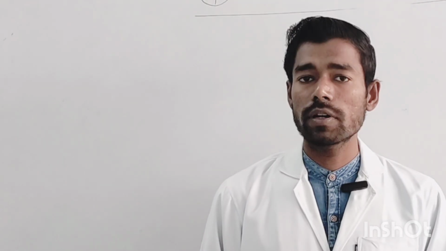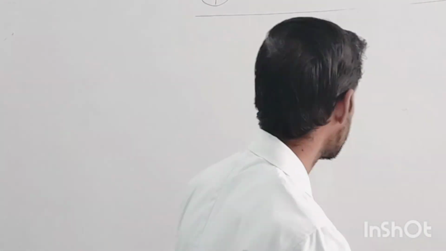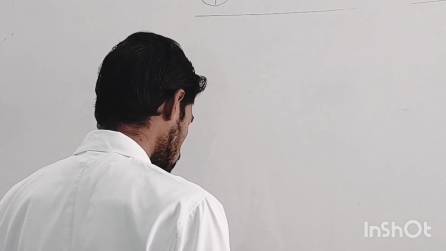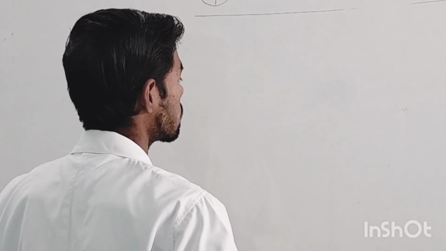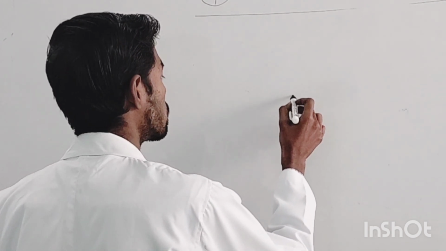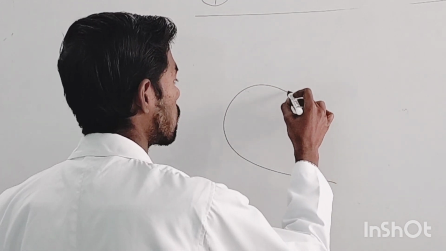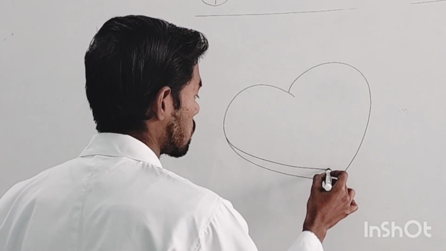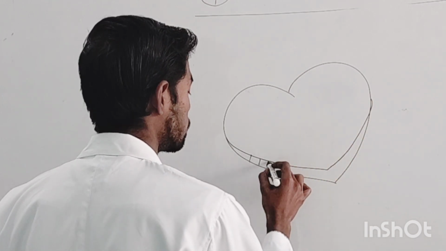Now let's see the directions of the blood, how the blood flows in the heart. I'm going to make a simple diagram of the heart so that we can easily understand the directions of the blood flow. This is the heart and this is the thicker side of the heart.